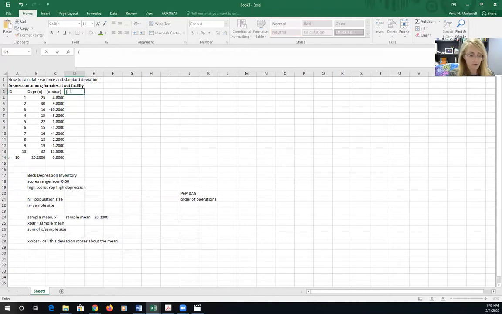Next step of our formula, we take our X minus X bar value and we square it. So that means we need to take our column for X minus X bar, our deviation scores about the mean, and square it. So we need an equal sign, click on our previous score times our previous score, enter.